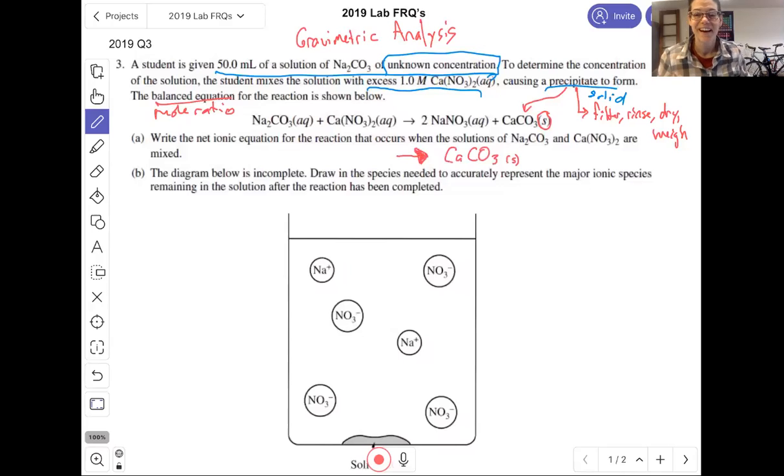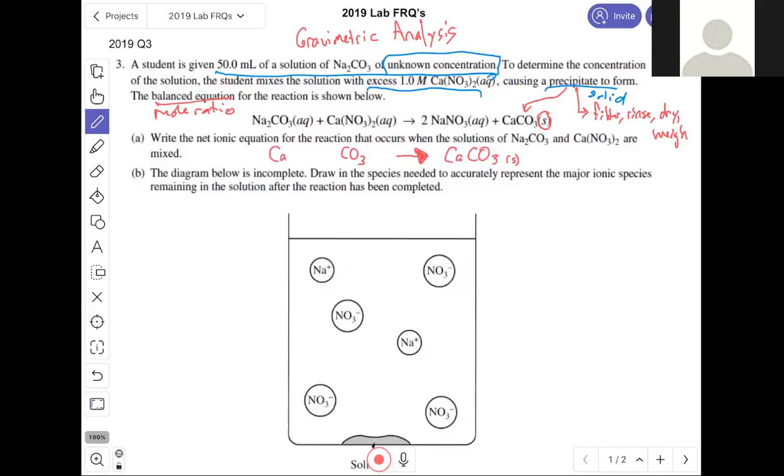So the net ionic is always basically what makes the solid and work backwards. That's the thing that makes the solid. So what needs to be on the reactant side? Ca and CO3. Okay. What do you have to remember to put with those? The charges. Yeah. And what is the charge of each one of those?